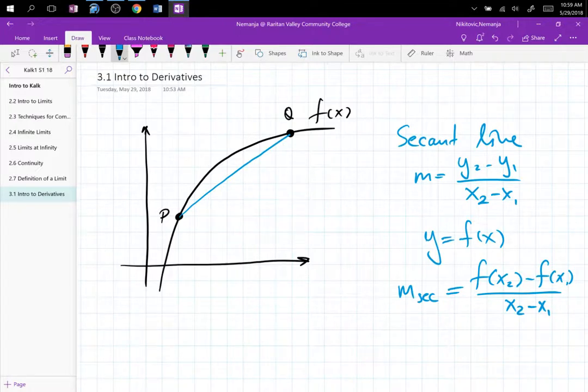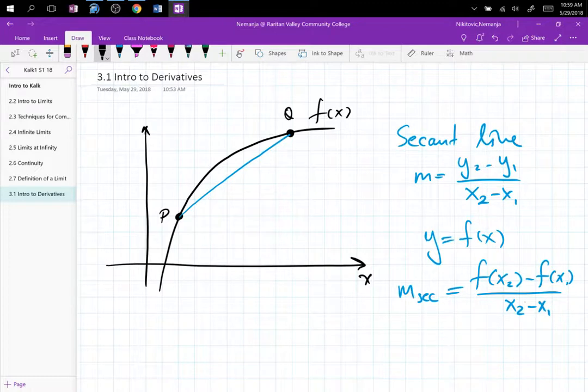I haven't done anything special to it, right? I just added everything to be in terms of x. So now we see that if we have x1 and x2, and in our case we do have x1 and x2, right? We can deal with this thing.